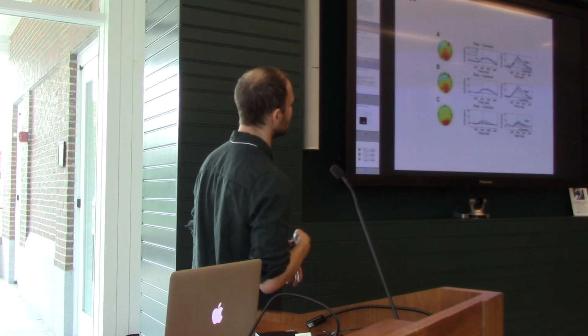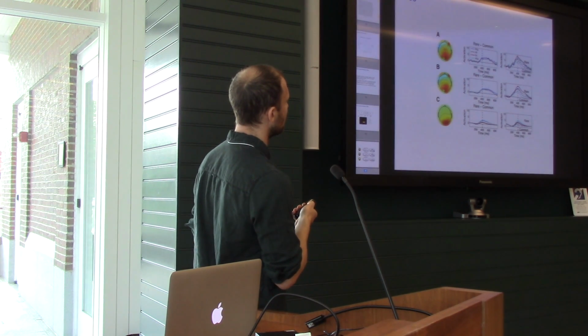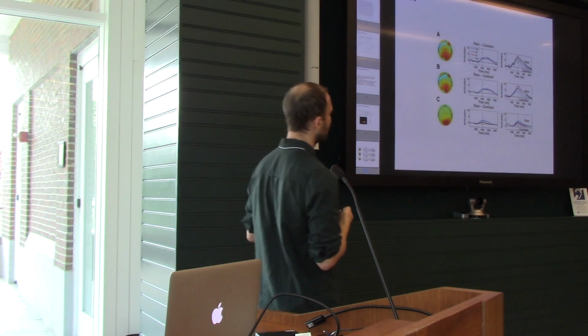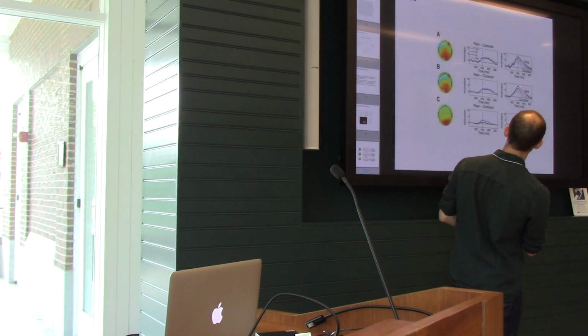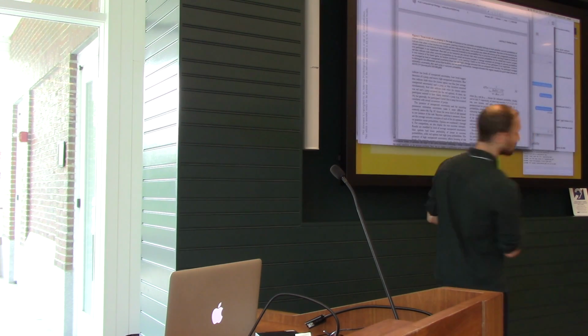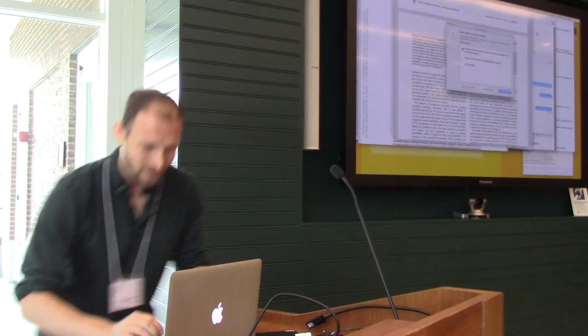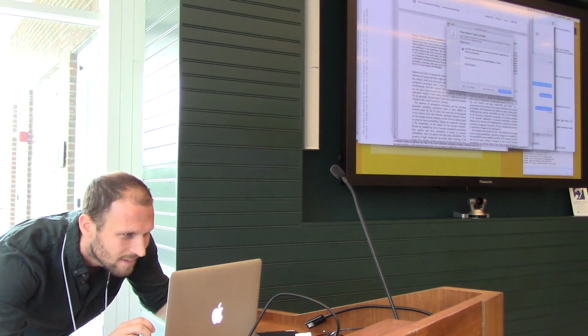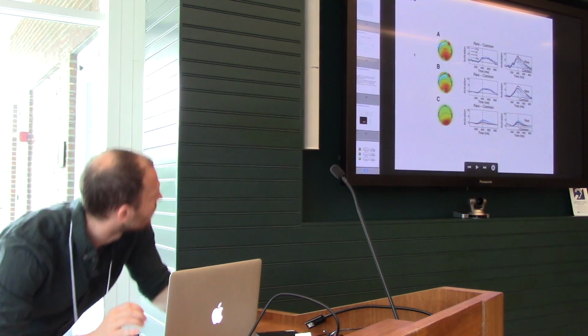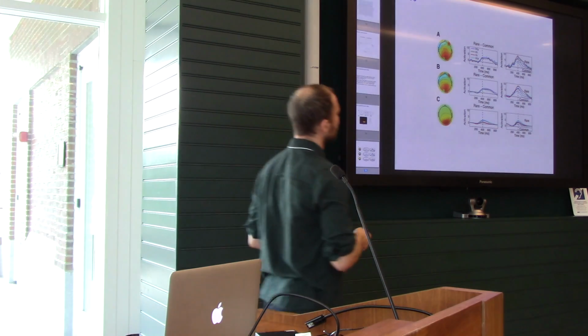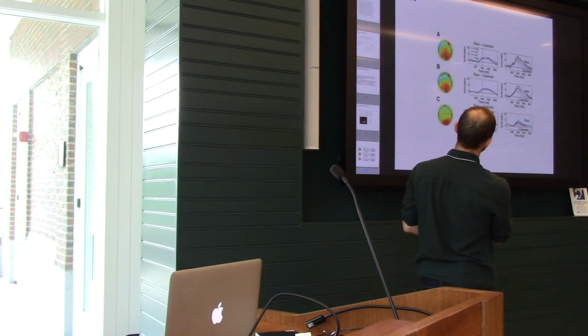And then you get this P300 effect, which we can see right over here, for the rare minus common. TLSA recovers basically a smooth version of this, which I think is quite nice.